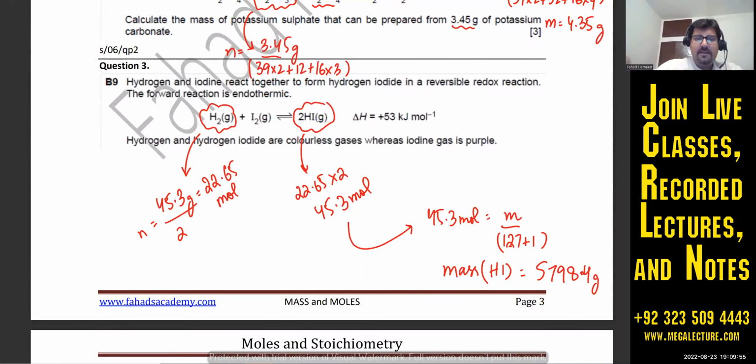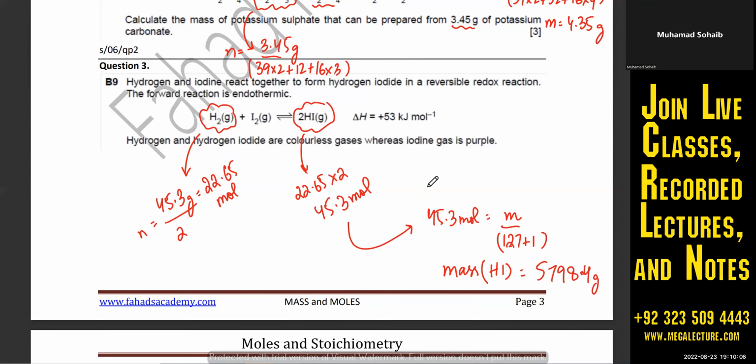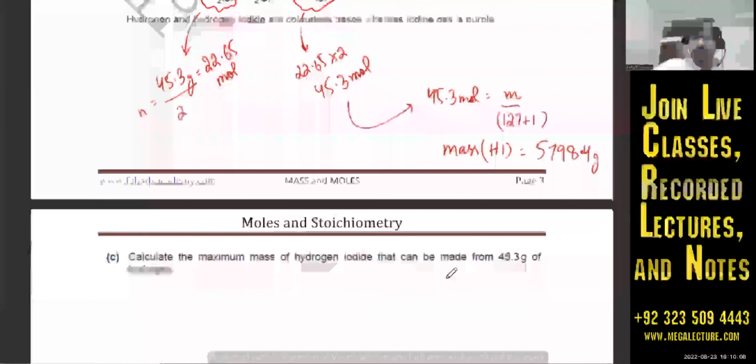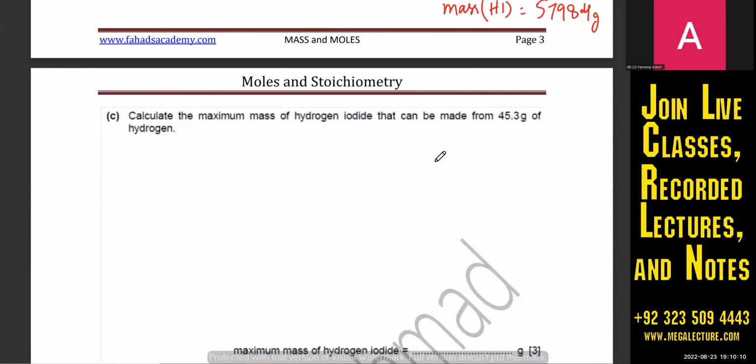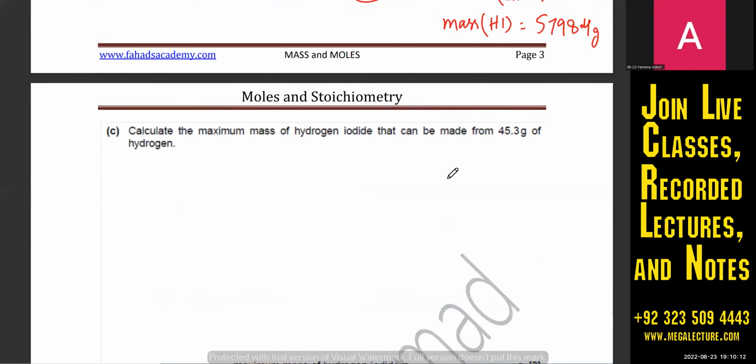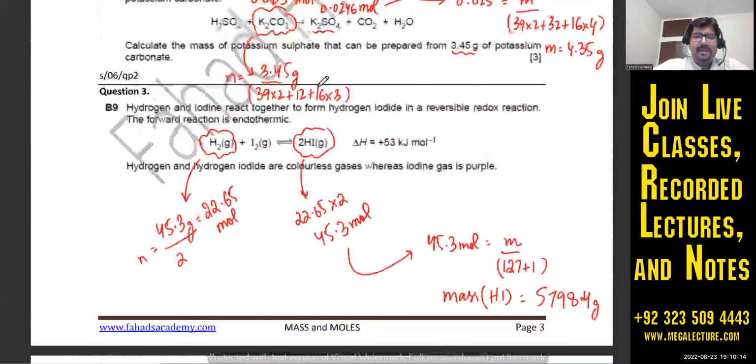That's fine. Is this clear? Okay, so we've calculated this, right? We did this on the previous page. So just remember, moles of one thing, you find out the moles of all the other things, whatever you're looking for, and then you can just apply the formula.